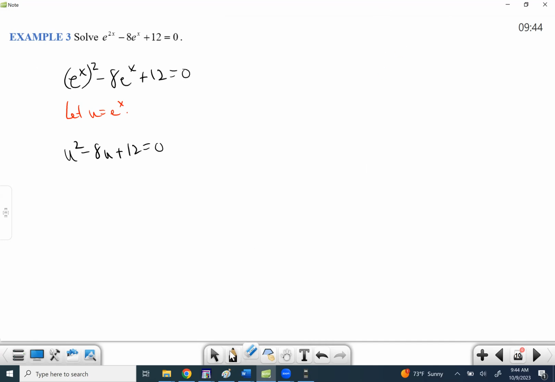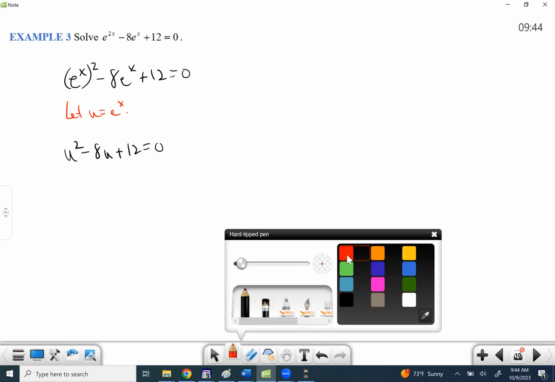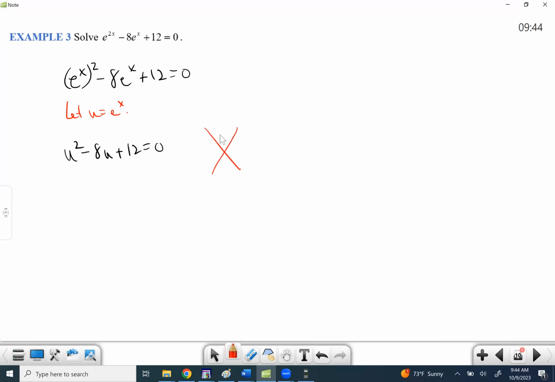So let me get my little x here. So we're looking for things that multiply to make 12, but that add to make -8. So it looks like that's going to be a -2 and a -6, because a negative times a negative makes a positive, but a negative plus a negative stays negative.